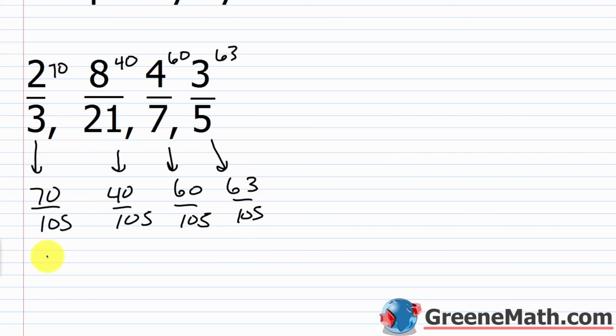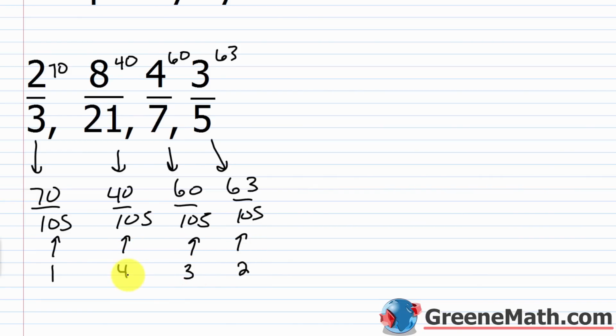I know that this one is the largest. I know that this one is the smallest. I know that this one is the second largest, and then this would be the third largest, or you could say the second smallest. I don't know, third largest. So if we ordered them 1 through 4, with 1 being the largest, this would be 1, this would be 2, this would be 3, and this would be 4.